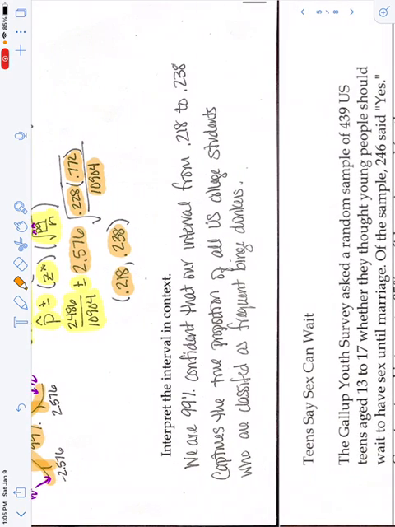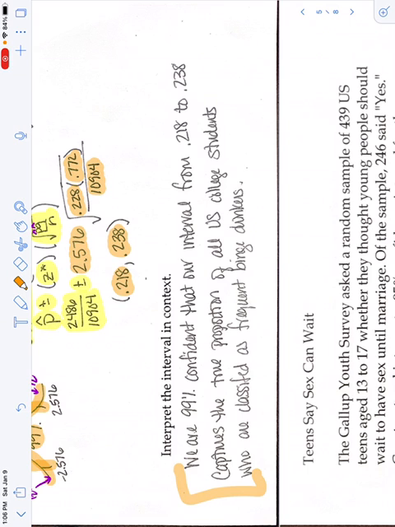Okay, now that you've got your interval, now we're going to interpret that interval. And whether it specifically asks for an interpretation or not, you will always write this sentence because this is the bow on top. I am 99% confident that my interval from 0.218 to 0.238 captures the true proportion of all U.S. college students who are classified as frequent binge drinkers.